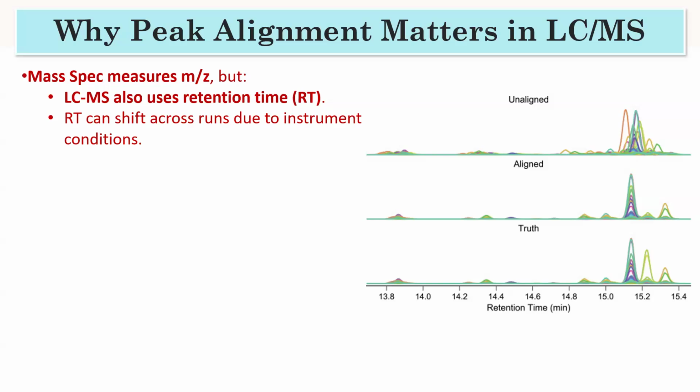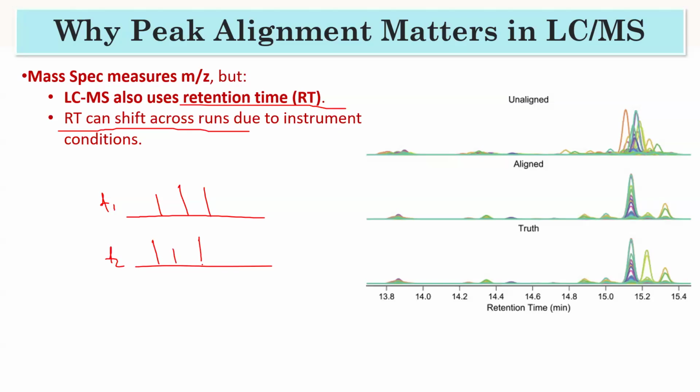Please wait. So in LCMS, as we know, in HPLC you have retention times. When a molecule is moving in the column, this RT can shift. Suppose you run your sample, and at time t1 you got some peak, and at time t2 you got some other peak.